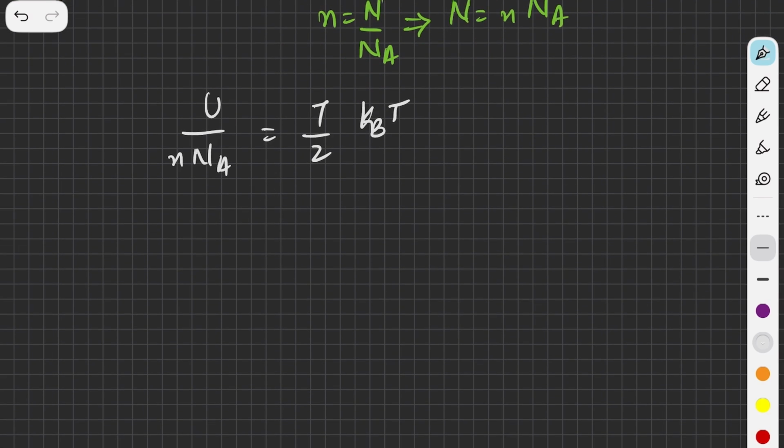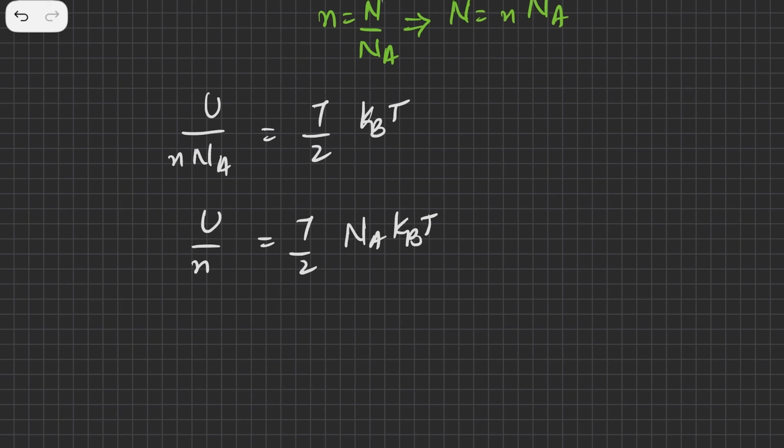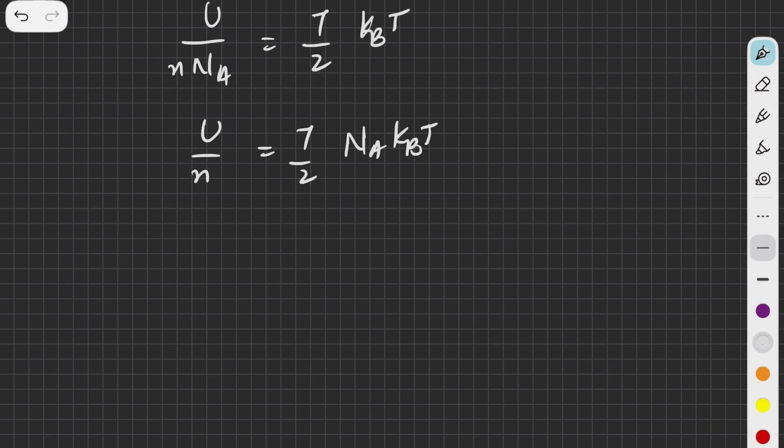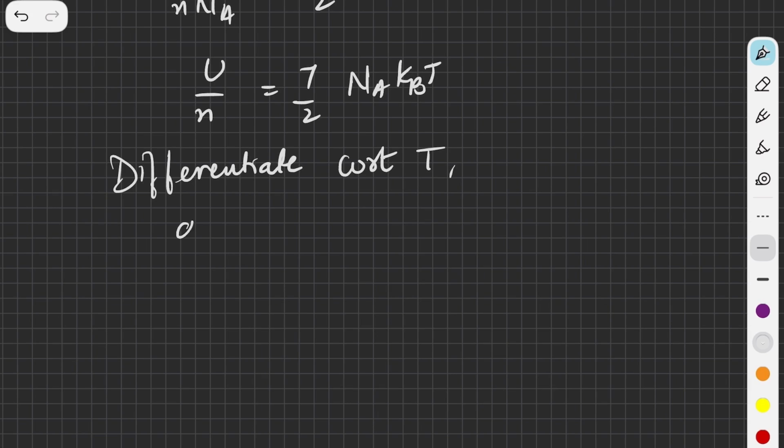I'll just move Na to the other side: U upon n equals 7 by 2 Na into kB into T. Now I'll differentiate this further with respect to T. So I would get dU by n dT, because n is a constant, equal to 7 by 2 Na into kB.